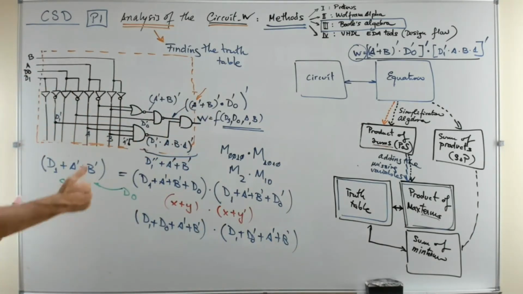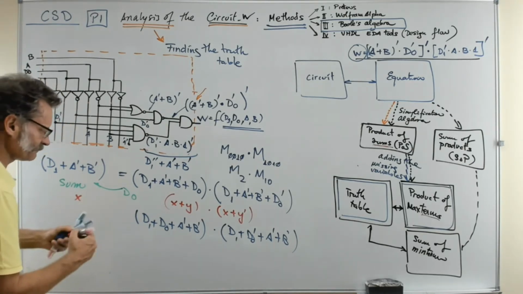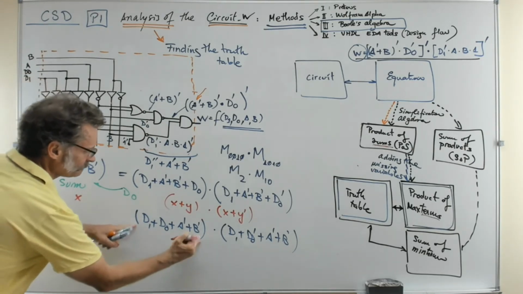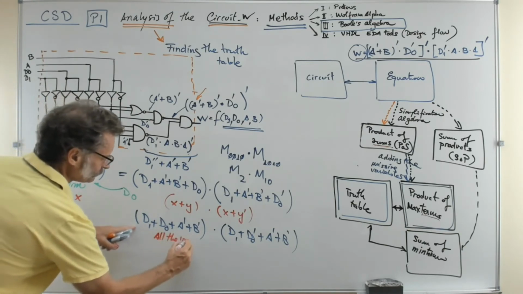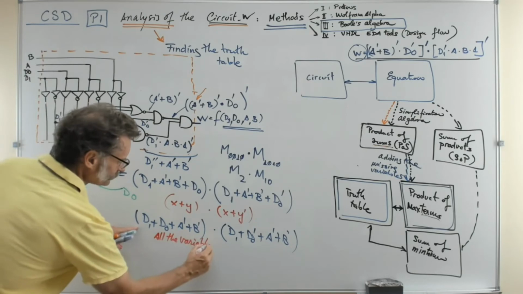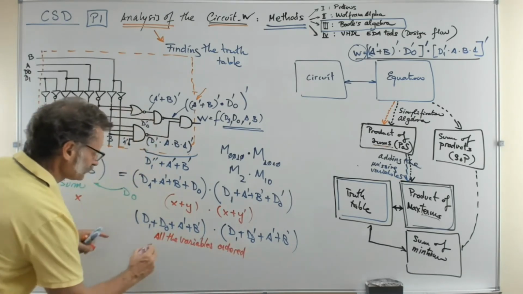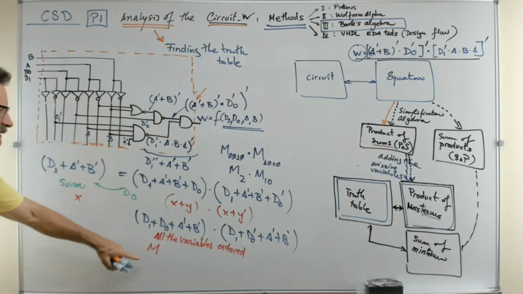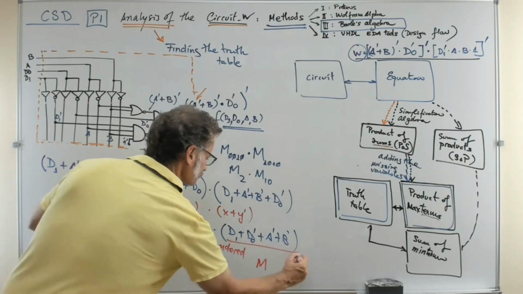So now this is what is called a maxterm, because you have all the variables ordered. So this is a maxterm, right? So you can represent them like this, M capital and another M capital, because this is another one.